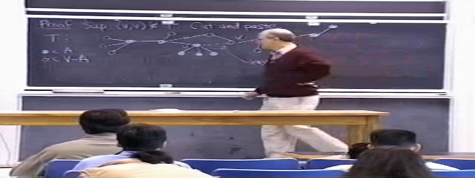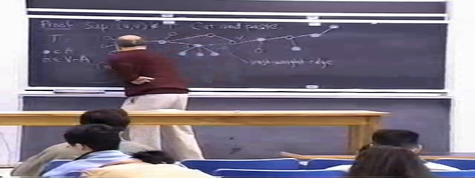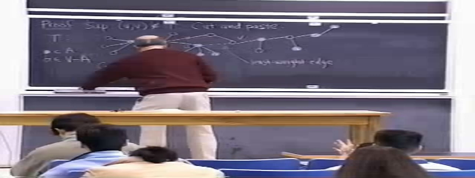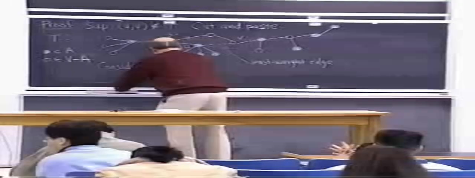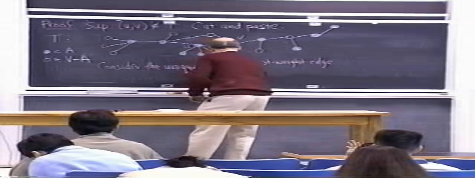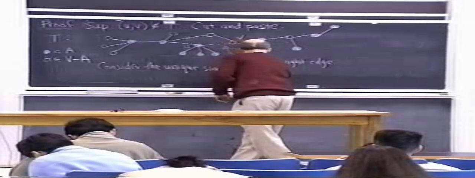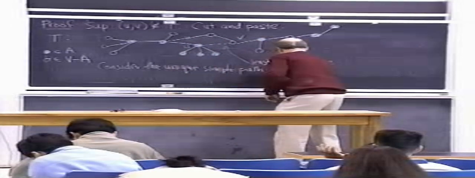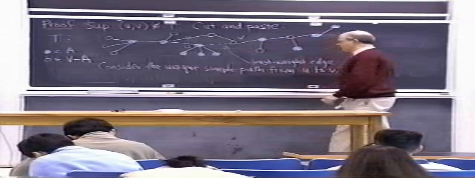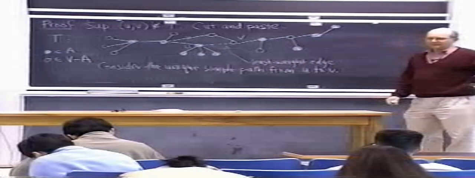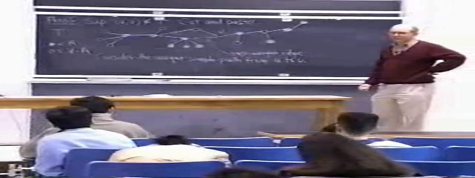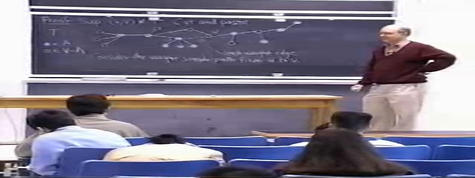Okay? So let me just reprise that argument. If we consider the unique simple path from U to V, and in particular, in Appendix B of the textbook, there are 6 equivalent properties of trees.